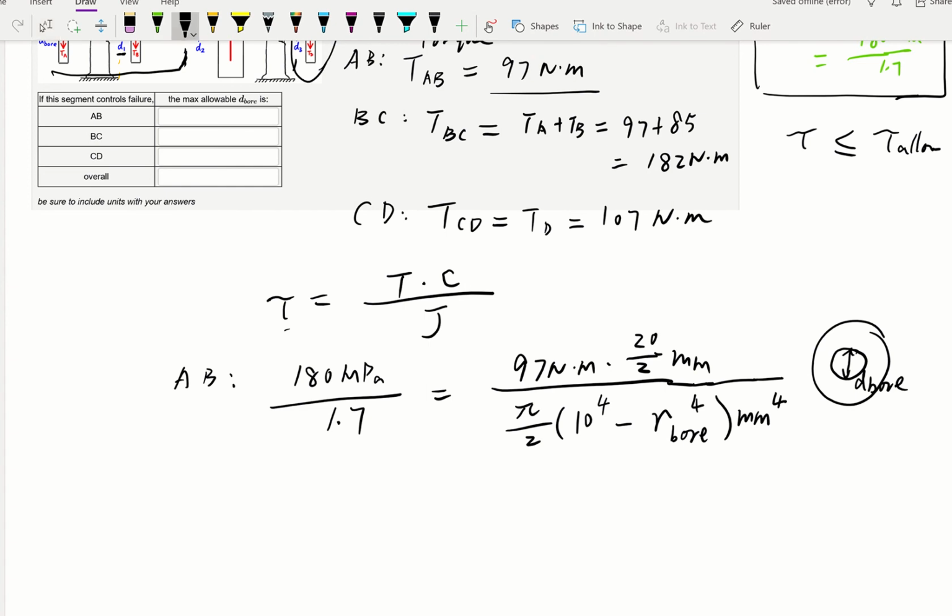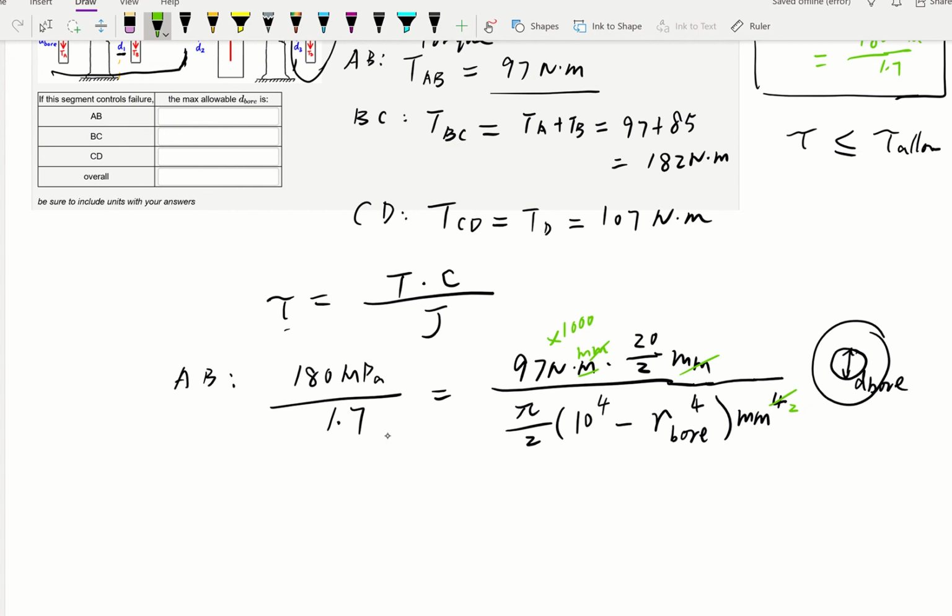This is Newton meter, so how about we multiply by 1000, then we will get Newton millimeter. Once we have Newton millimeter, times millimeter, divided by millimeter to the power of 4, that will give us millimeter squared.